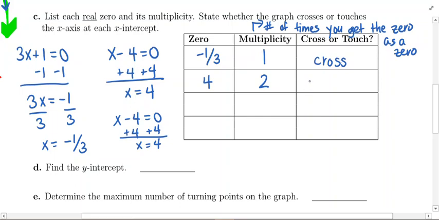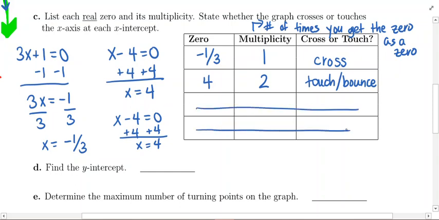So at x equals 4, our polynomial function is going to touch or bounce, whichever word you want to use. I'm always going to give you a table this size, so don't feel like you have to fill out the whole thing. It's just there for however many spots you need. So I can go ahead and scratch this out because that's all the zeros. All right, so we're moving on.